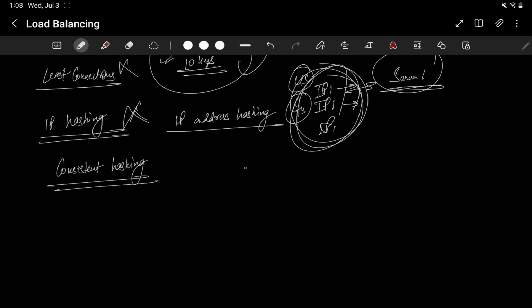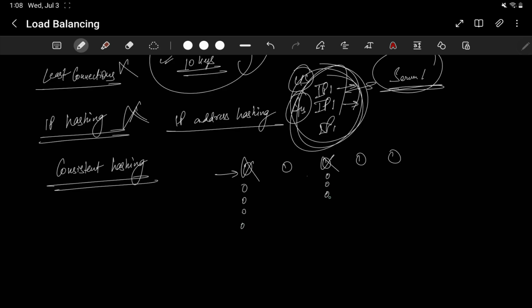The problem with other approaches is they have a fixed number of servers, right? So what if a request comes for this and it is not able to serve it at the moment? And what if the server is down? What happens in that case? The request comes here and the server is down, so the request will keep on accumulating here.